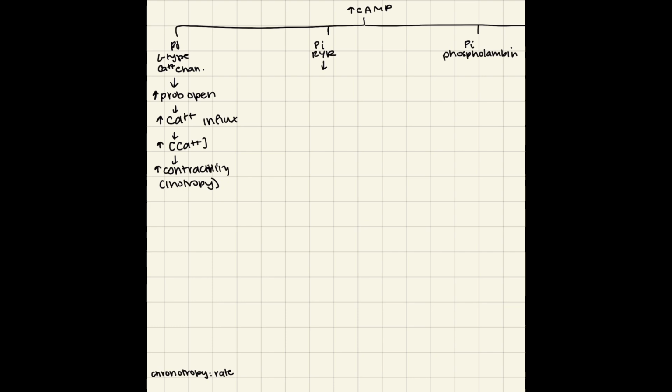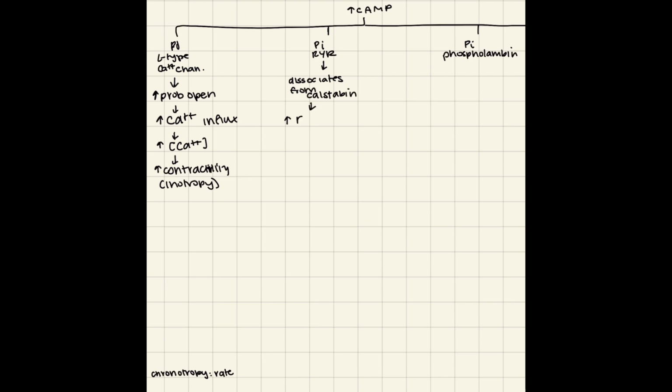If we phosphorylate the RYR, it dissociates from, I think it's called calsequestrin. Calsequestrin is just a protein that holds RYR closed.